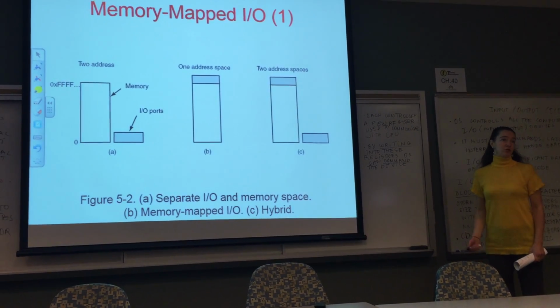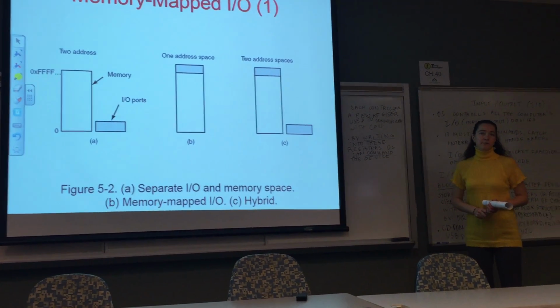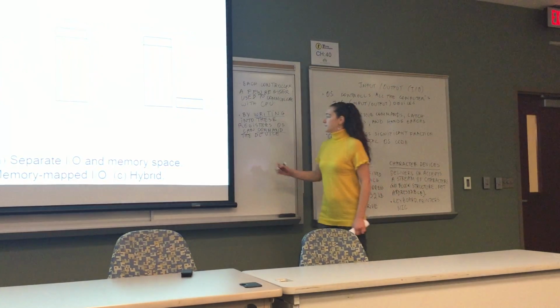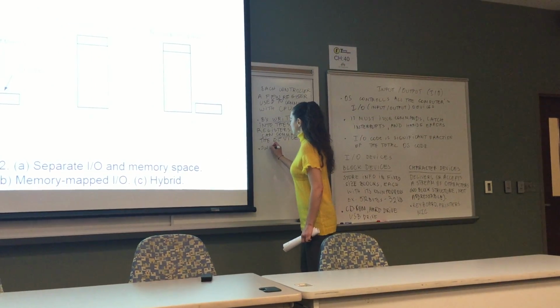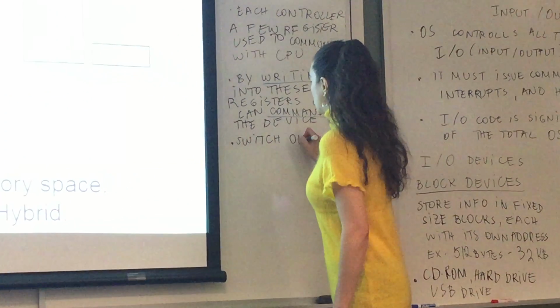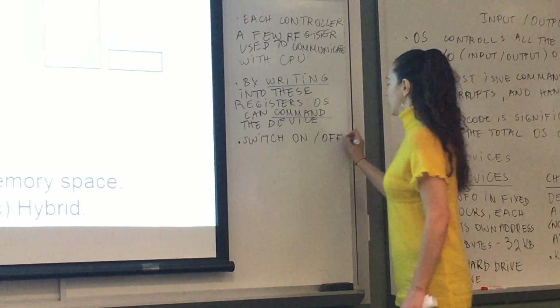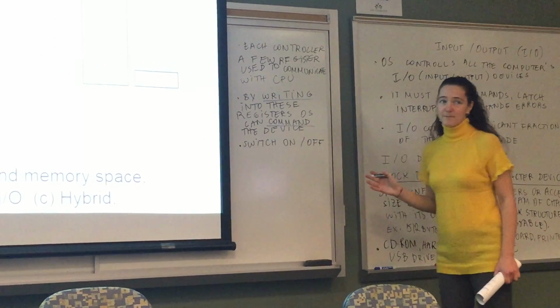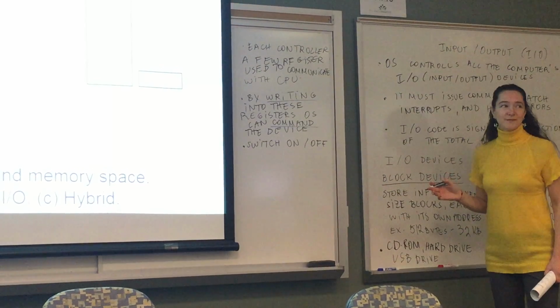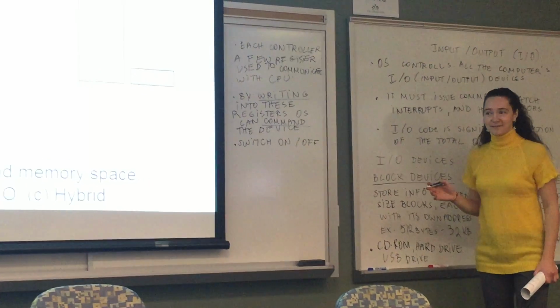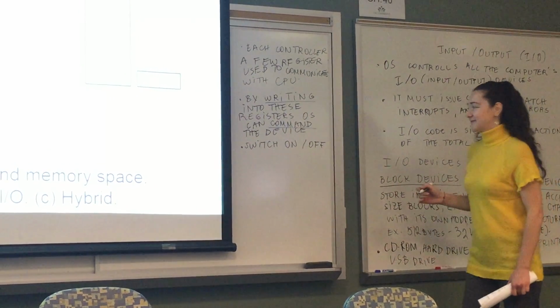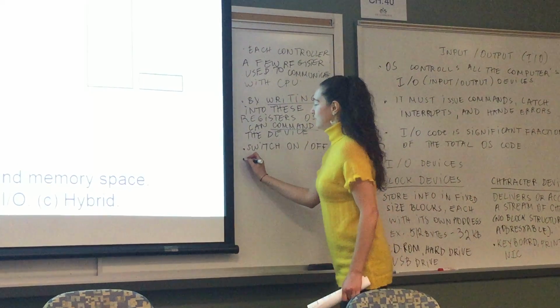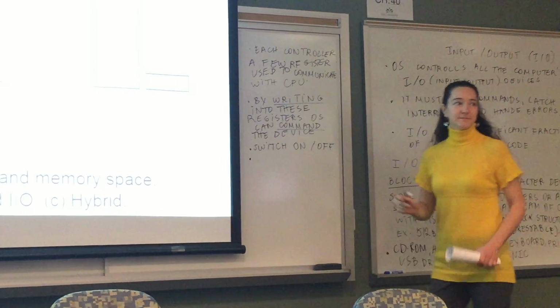If I want to switch on the device, right? If the device is off, so that's one example. Switch on or off. Anything else? If it's a printer, then what? Mode of operation, whether or not it's scanning or it's copying.